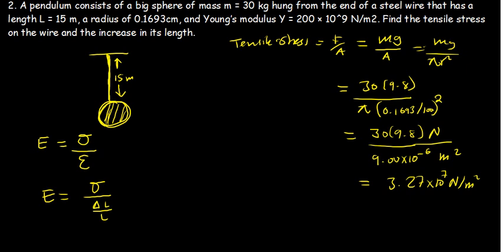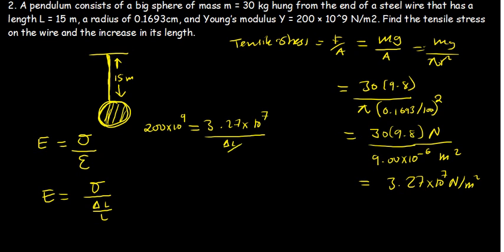And so where there is capital E, which is Young's modulus, I'm going to put 200 times 10 to the power 9. And that is going to be equal to, where there is sigma, which is tensile stress, I'm going to put 3.27 times 10 to the power 7, and then divided by change in length over the actual length.